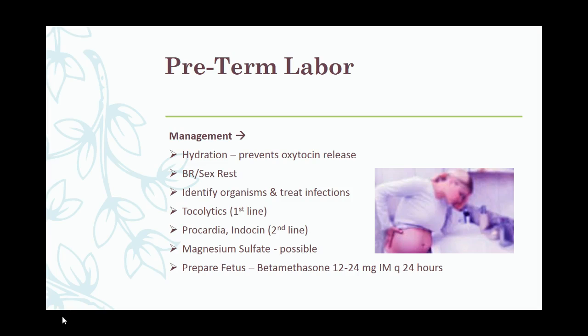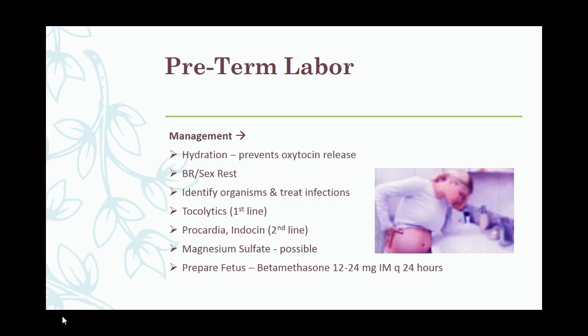These people will be placed on bed rest if it's a problem that persists, and we will also encourage them to be on pelvic rest or sex rest as well. We don't want anything irritating the uterus or causing oxytocin release. We want to identify any organisms and treat any infections if these people have a sexually transmitted disease.